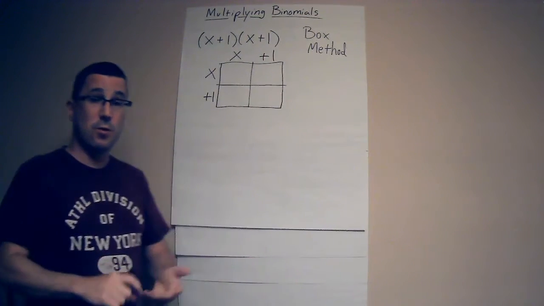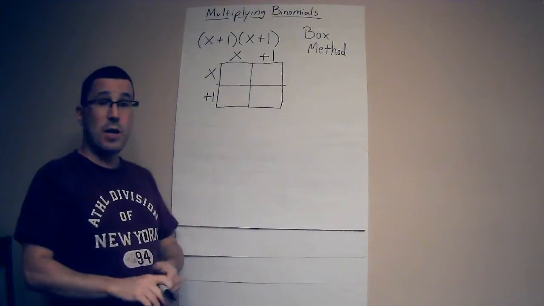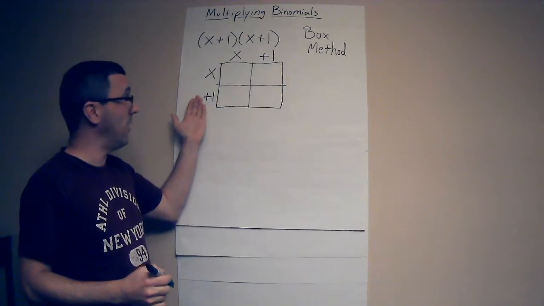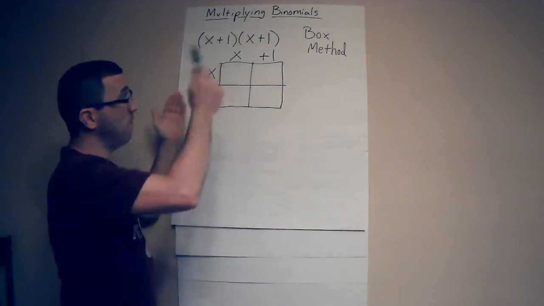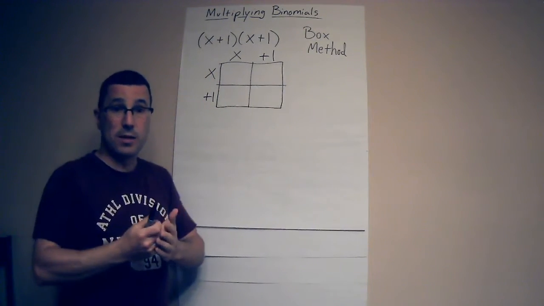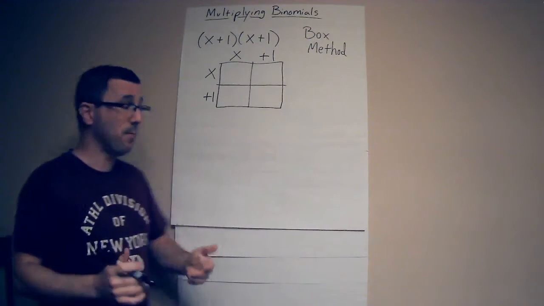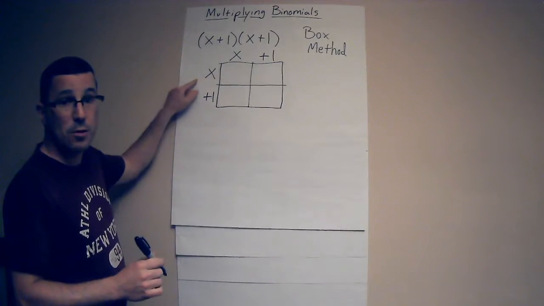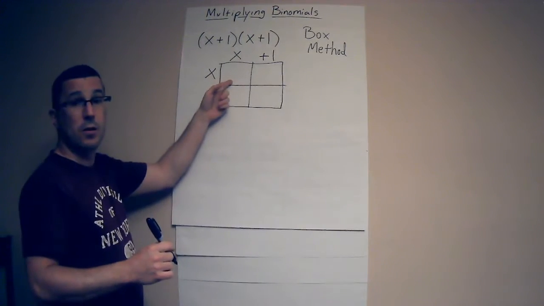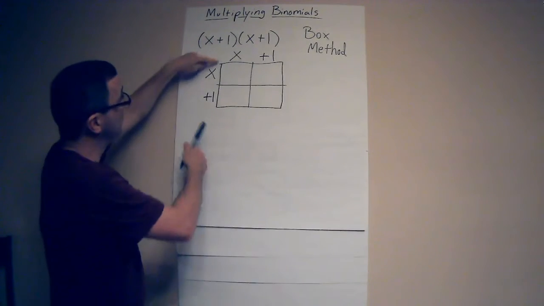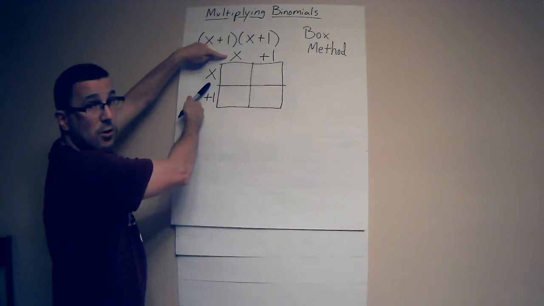Now, when I go to each box, I'm going to take the term that's to its left and the term that's above it, and multiply those together. I'm going to do it the long way so you can see what I mean. The first thing I'm going to do, I'm going to take this upper left-hand corner box. I've got x on top, x on the left.